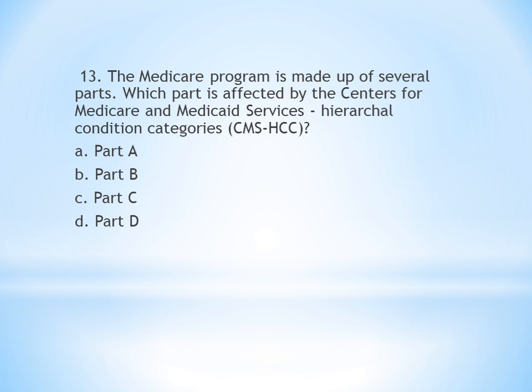Medicare is a program conducted by the federal government in order to give insurance coverage to old age people, persons above 65 years, and also young people with disabilities, and it is made up of four parts: part A, part B, part C, part D, of which CMS HCC comes under part C. So the option is part C.